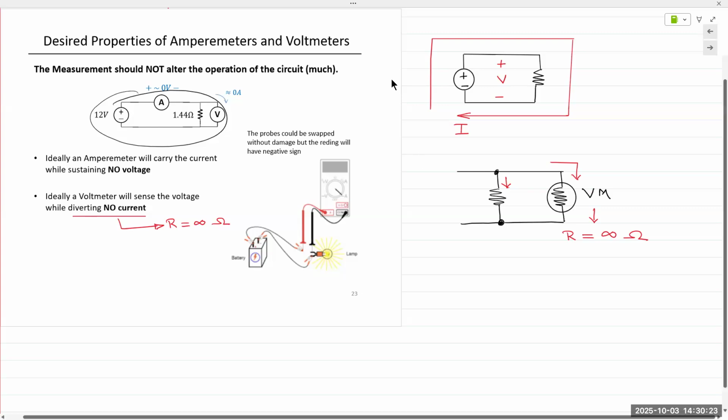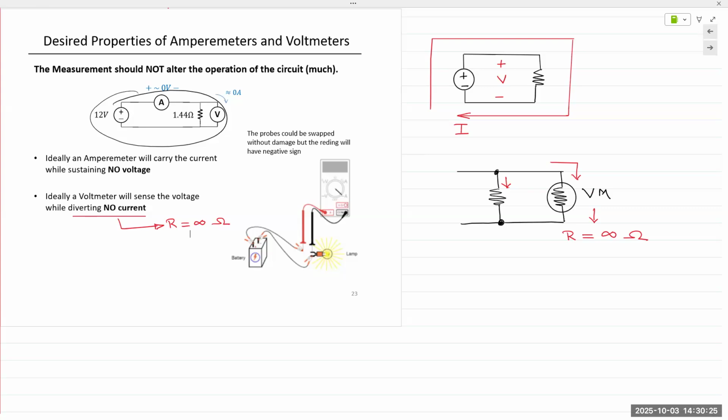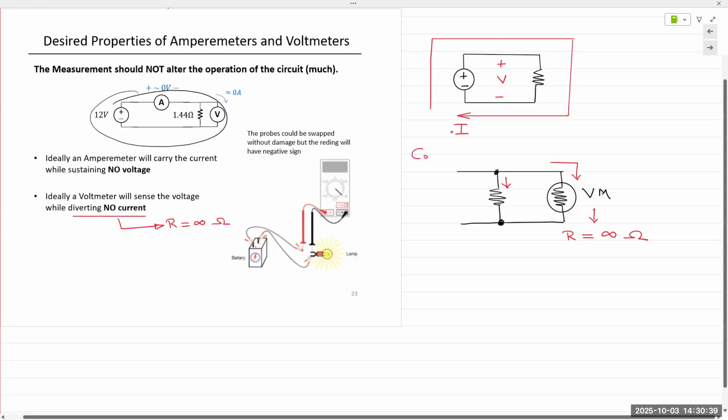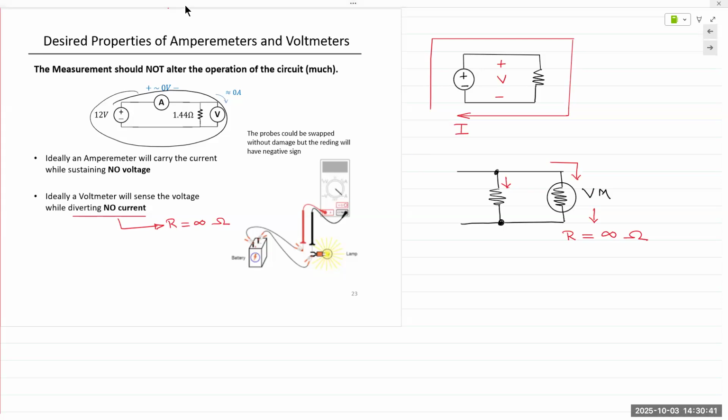Same thing for an ammeter. Now you have performed current measurements, right? You have to break the circuit and insert the meter in the middle. This is connecting a voltmeter.